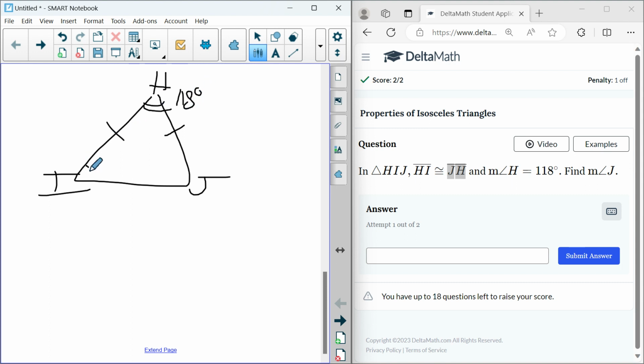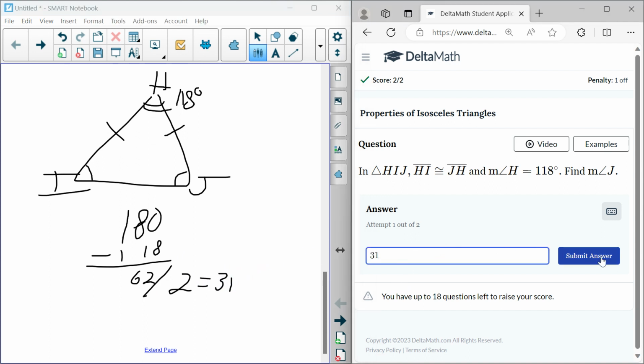Well, luckily we know these bottom two angles have to be congruent because these two sides were congruent. We're going to find angle J by subtracting 118 from 180. 180 minus 118, 62, and divide it by 2 to get 31 degrees. 31.